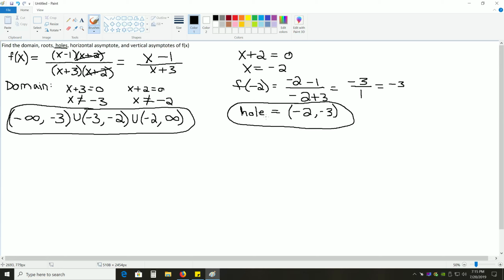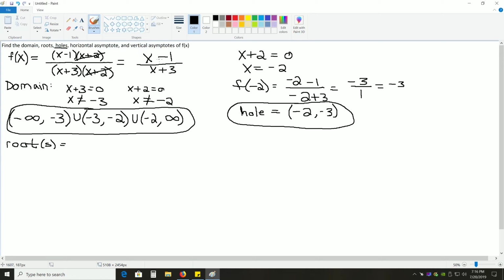From here, we can now move to the roots and then the vertical asymptotes, as those are the next two easiest problems to find. For the roots, we go to the simplified function after we've canceled any common factors. The roots will occur anywhere that the numerator equals 0. So we factor the numerator and set it equal to 0.